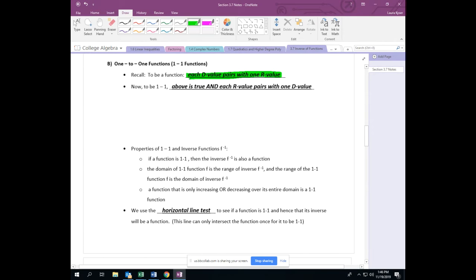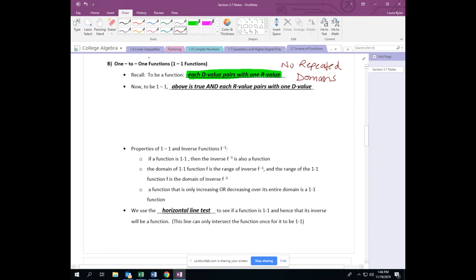That's what the D and R mean. Each domain value gets one range value. You could not have any repeated domains. Each one had to be different and paired up with something different.